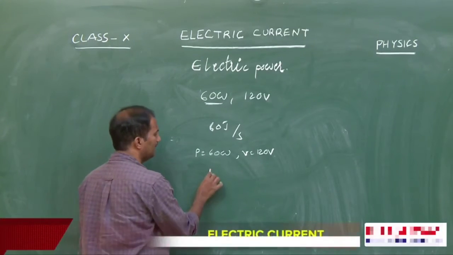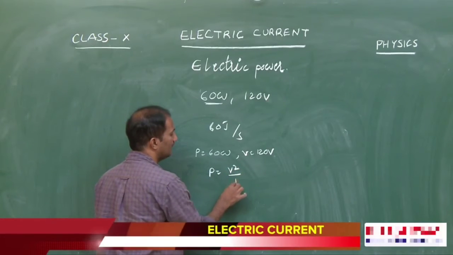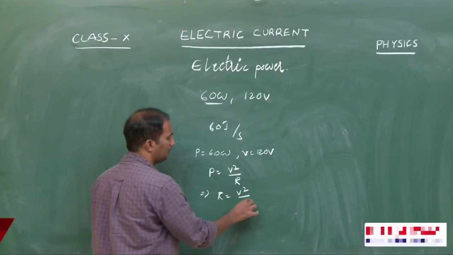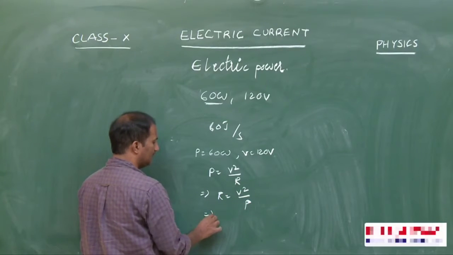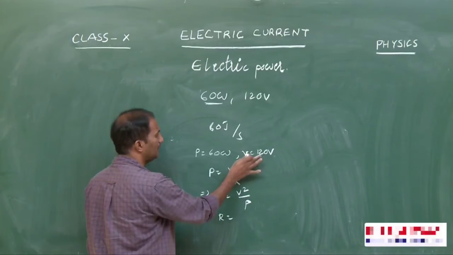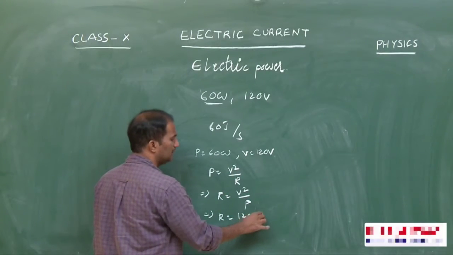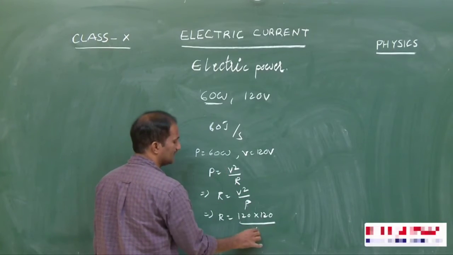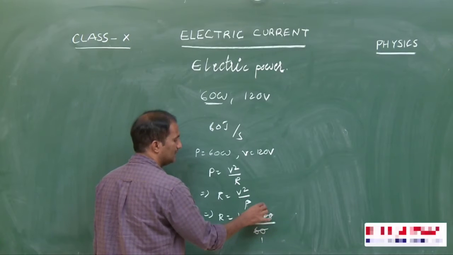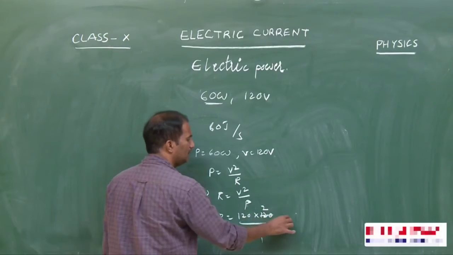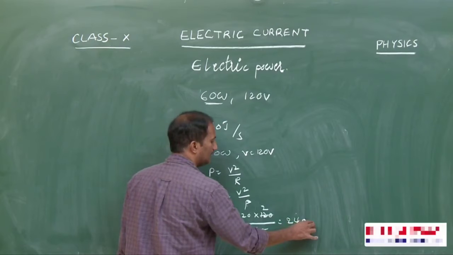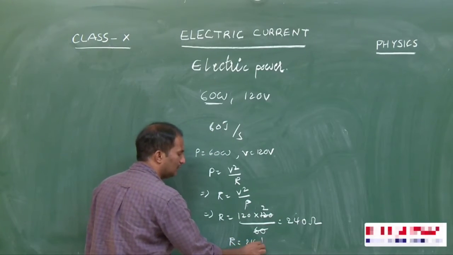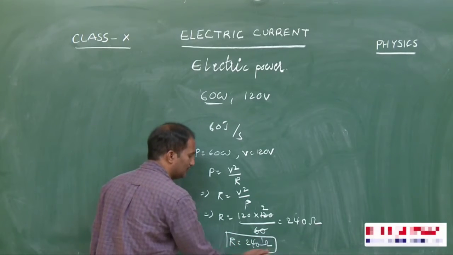Already we know power P equal to V square by R, that implies R equal to V square by P. So R equal to V square, here V equal to 120 into 120, by that P value, power P equal to 60. 6 ones are 6, 6 twos are 12, so 120 into 2 equal to 240 ohms. So it can offer a resistance of 240 ohms for the flow of electricity through it.